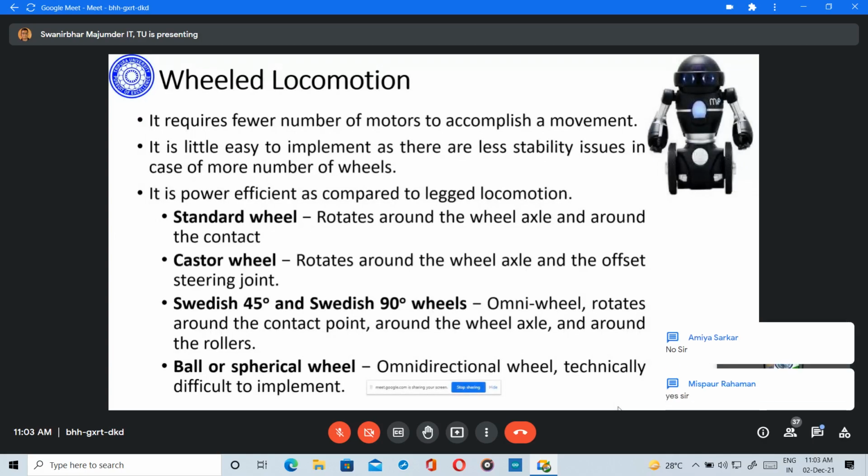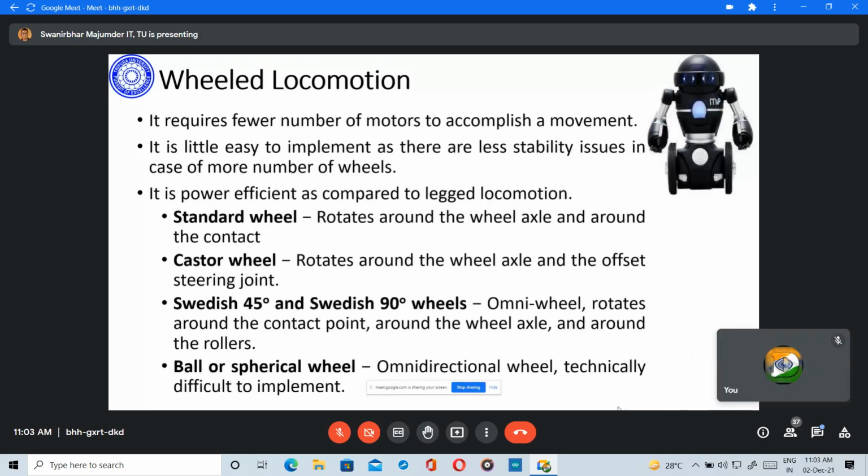Okay. No, sir. Yeah, Mr. Bot, tell me. Yeah, no problem. You can write what biomimetic is. Just one line or something.